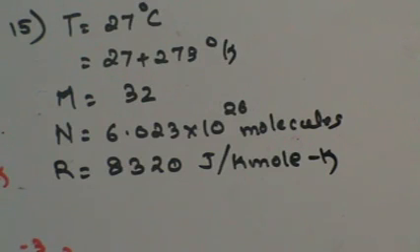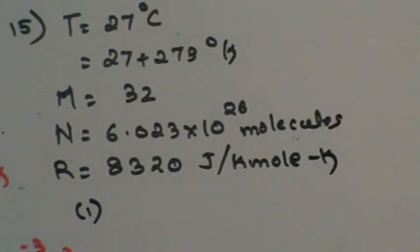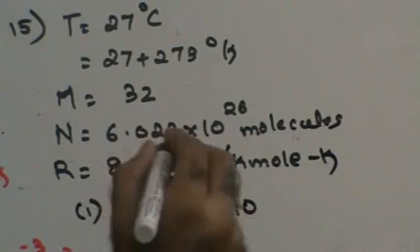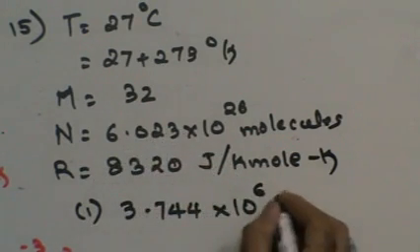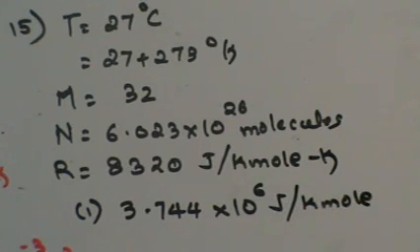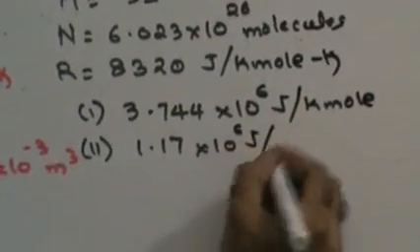Fine. The answer for this sum should be, for the first part, kinetic energy per kilomole is 3.744 into 10 raised to 6 joules per kilomole. Then kinetic energy per kg is 1.17 into 10 raised to 6 joules per kg.